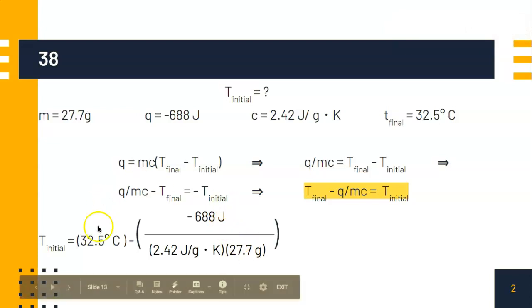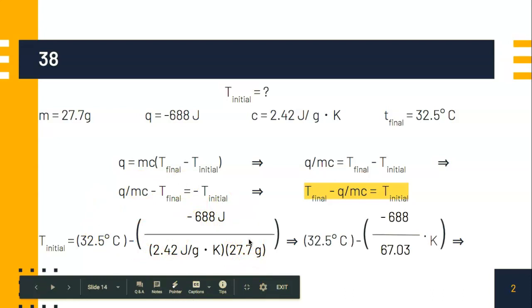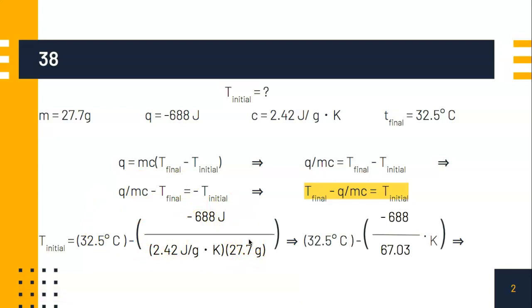Let's simplify this fraction down a little bit because it's a bit bulky. We've got 32.5 minus 688 divided by 67.3 when we multiply 2.42 and 27.7.